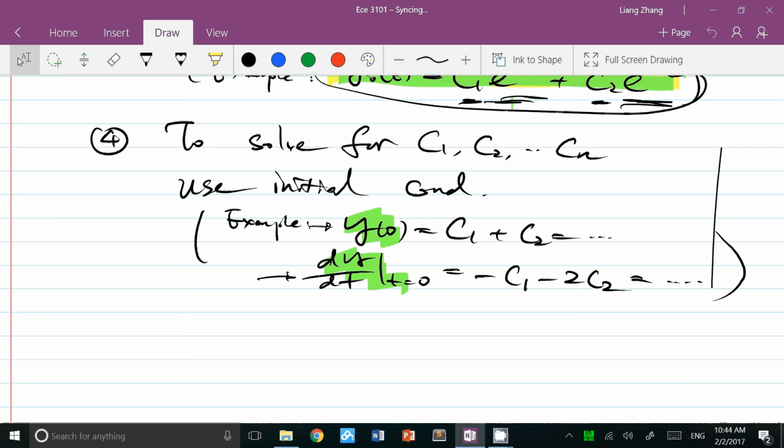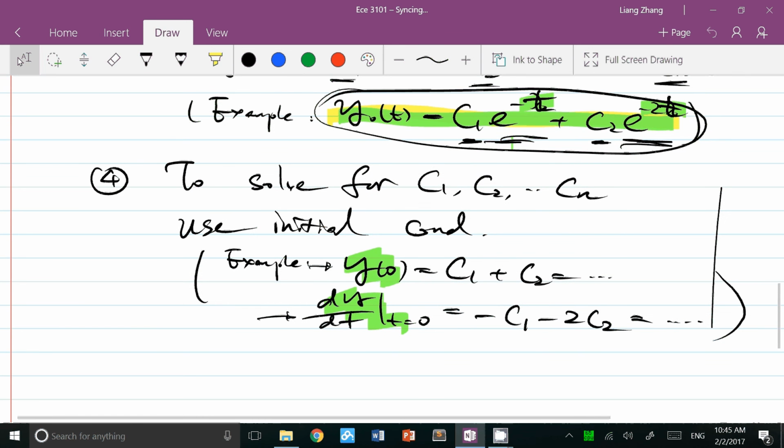The other equation is given by the initial condition of the derivative of the output signal at time 0. You put the two together, solve for C1 and C2, and plug them back into the equation. You will be able to figure out the zero input response. And that is all for this particular part.